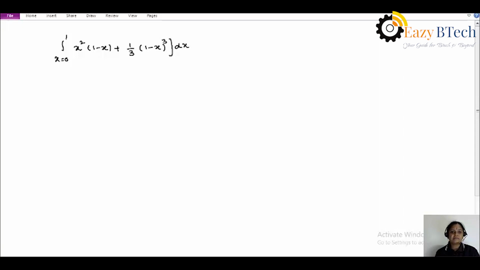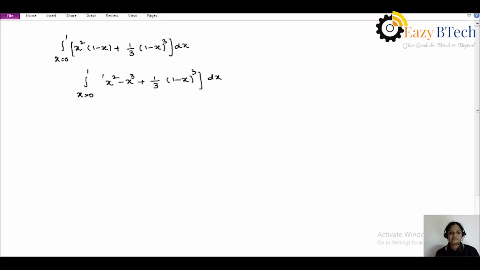Okay, now doing the integration with respect to x. Before that, do the multiplication with x square here: x square minus x cubed plus 1 by 3 times 1 minus x whole cubed dx.